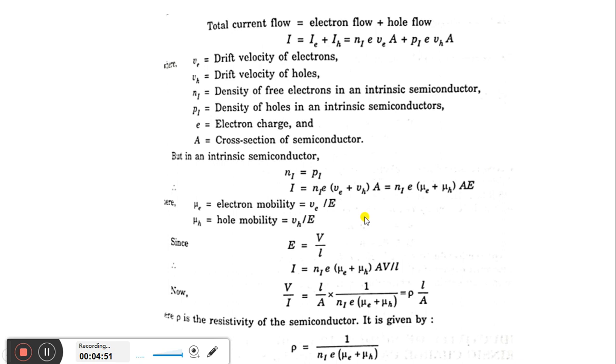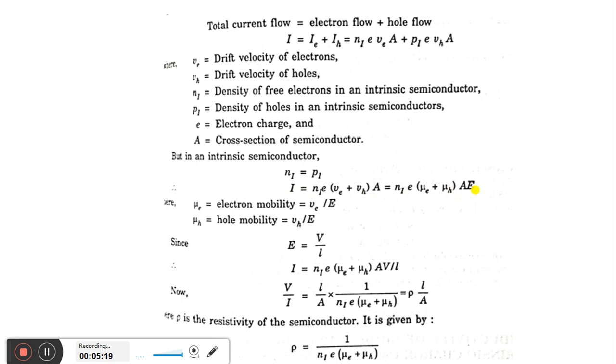As we know, the drift velocity in case of electrons can be written as VE equals mu E times E, and for holes we can write VH equals mu H times E. The same thing has been replaced here, so we have written I equals Ni e (mu E plus mu H) A E.